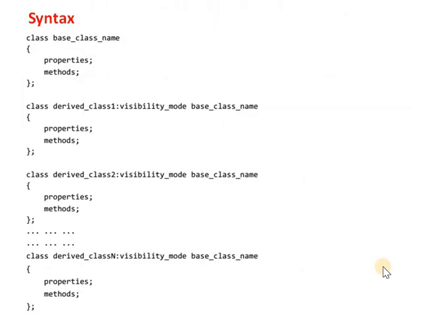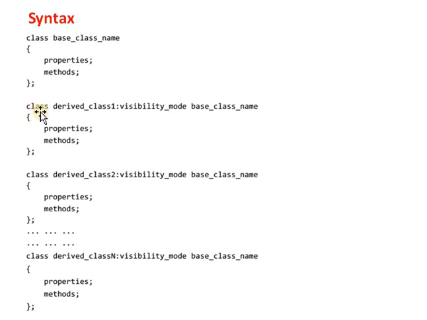How do we define a hierarchical inheritance? First, we define a base class along with its properties and methods. Then after that, we write the class definition for the first derived class.